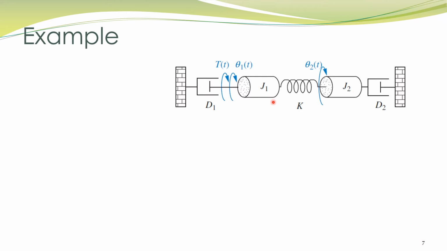Next step is to write the free body diagram, and you remember the procedure for obtaining free body diagrams. For example, if we wanted to obtain the free body diagram corresponding to this displacement, the steps were: first, keep this object stationary and determine the torques which are being applied on this object, and in the second step, keep this object stationary and move it in the direction of theta 2 and determine the forces which are acting on this object.